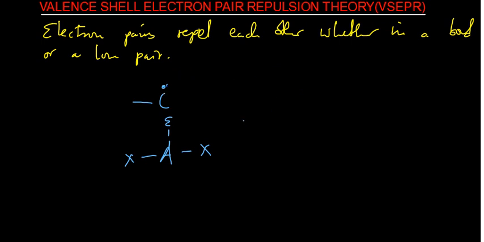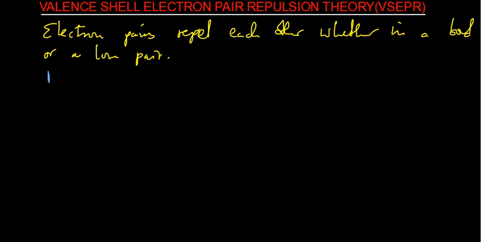Now let's understand how we apply the concept of VSEPR, valence shell electron pair repulsion theory, to determining the structures. The first thing we have is what we call the domain geometry and also the molecular geometry.